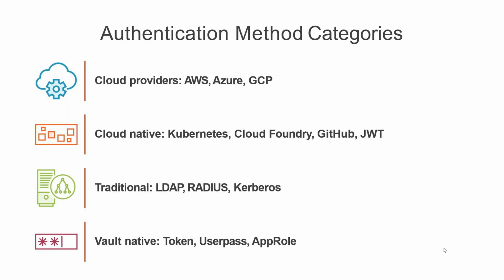An app role is something which is, you can say, a little confusing. I don't know how it got named app role, but this is something you have to use. You can set those authentications from one source to Vault.